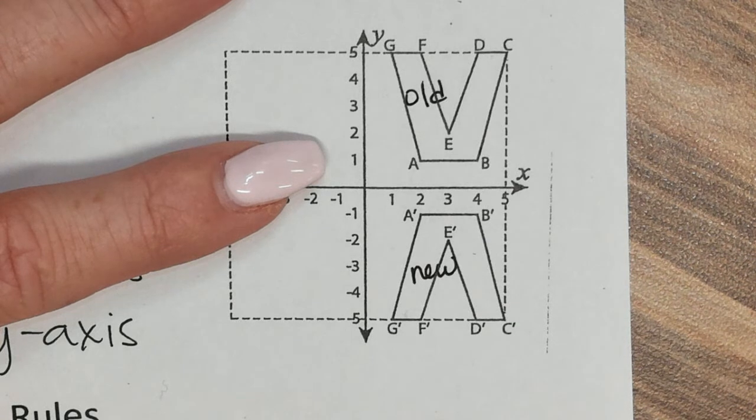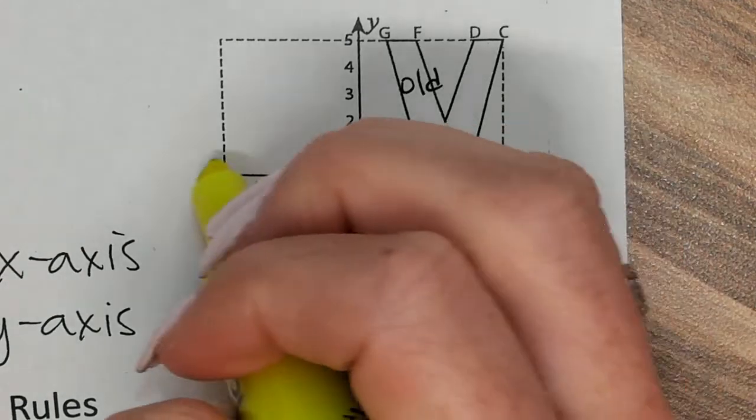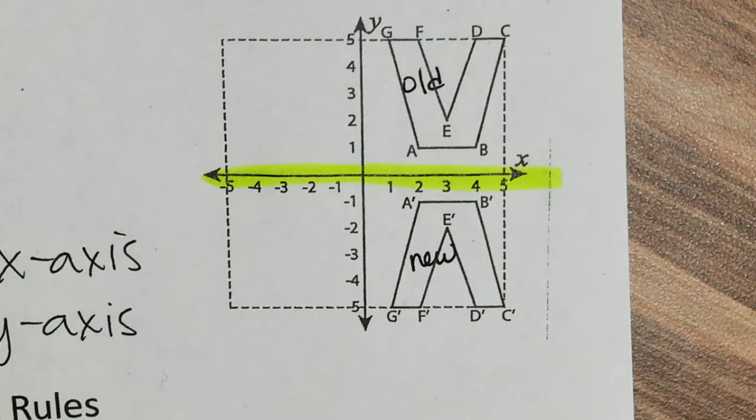The y-axis. Really? Everybody look at it. It flipped across this line, yes? So that is a reflection across the x-axis. Did everybody hear that?